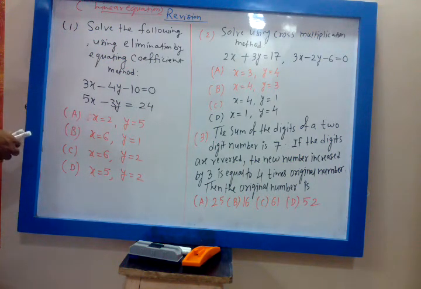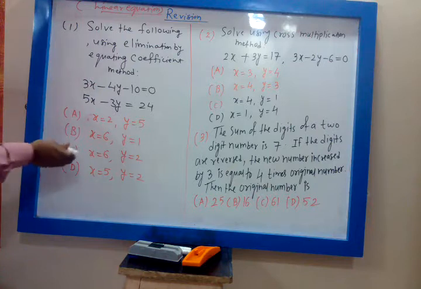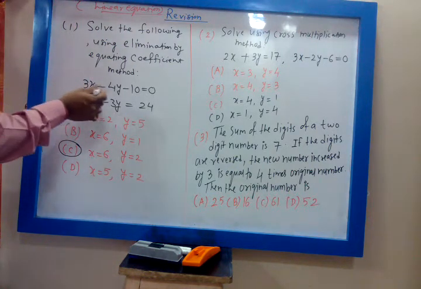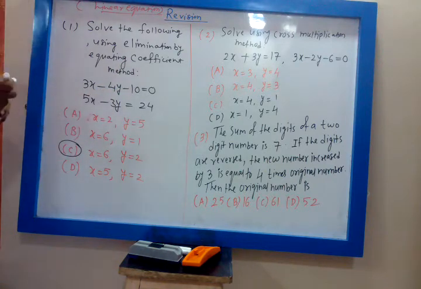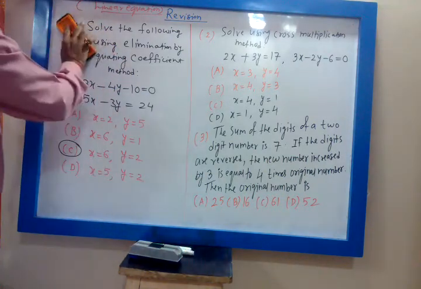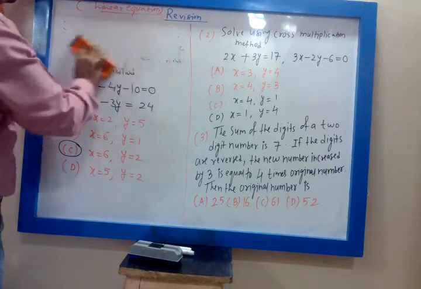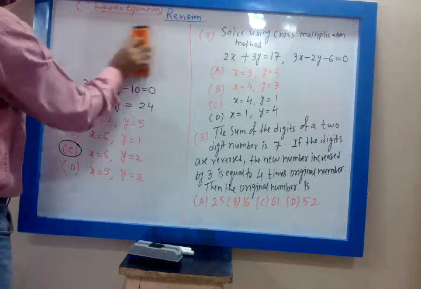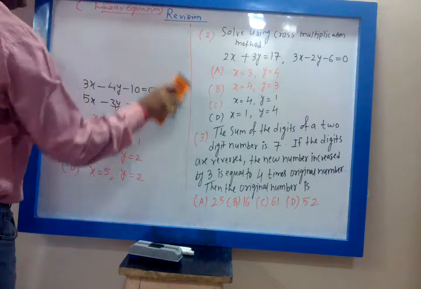Let us check it. C means x is 6, y is 2. Let us check the answer. 3x minus 4y minus 10 is equal to 0.